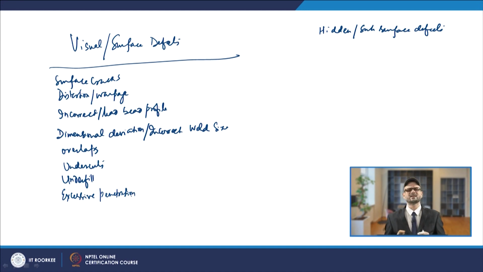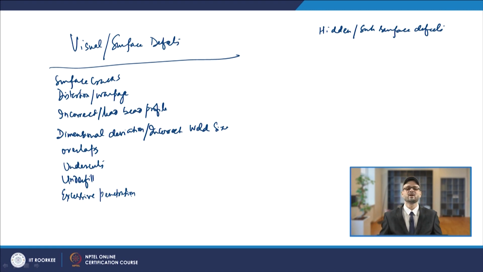Then apart from that you have unfilled craters. That is also among these visual surface defects, where the crater is not getting completely filled. You have defects like interruptions, which you can also see. So, that is among the visible types of defect.